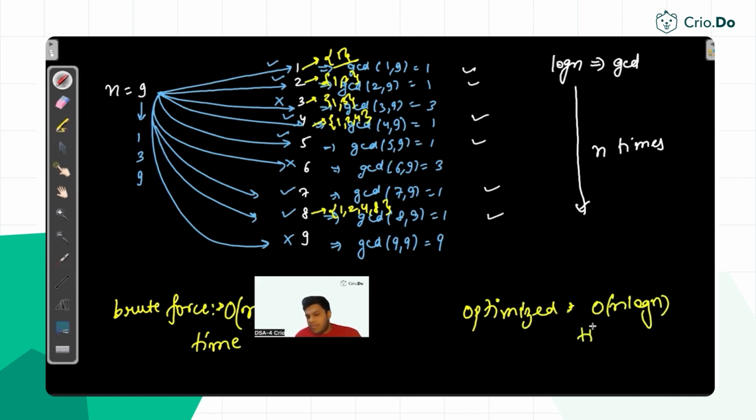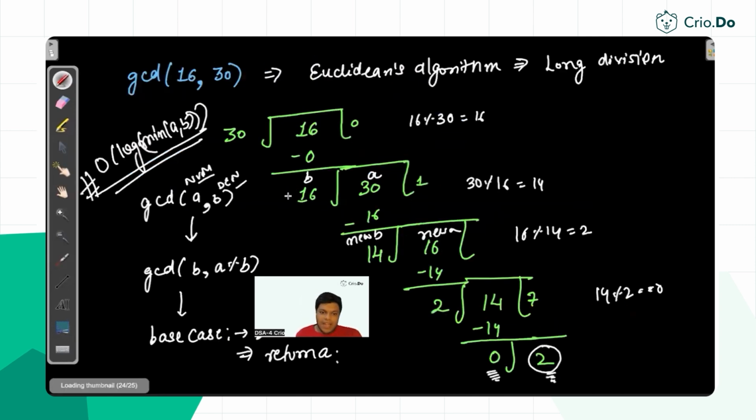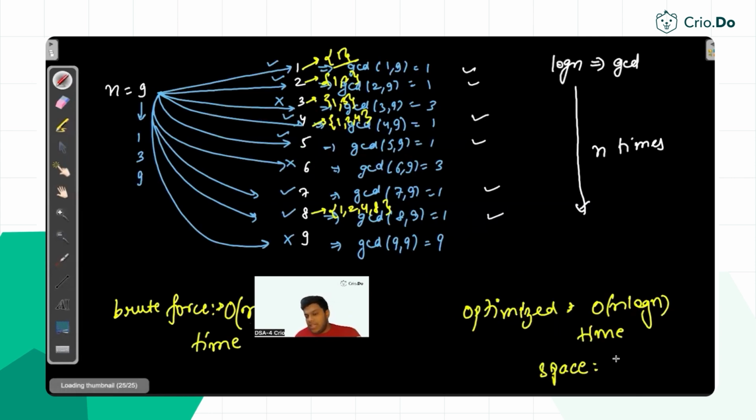What about the space complexity? We will be using recursion. Recursion will take log n space because the number of times we are doing division is accounted for in the function call stack. Space will be log n because at one point in time you will find GCD of only one pair, not all the GCDs. In the stack, there will be only one function at a point, that is GCD of either 8, 9 or 7, 9.